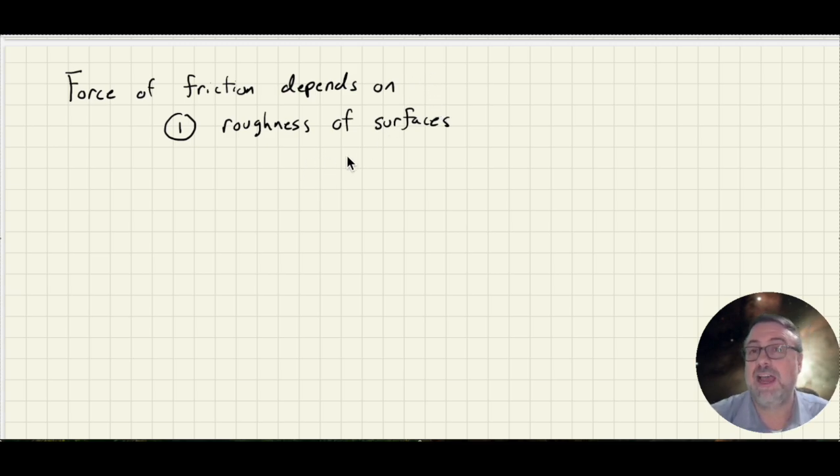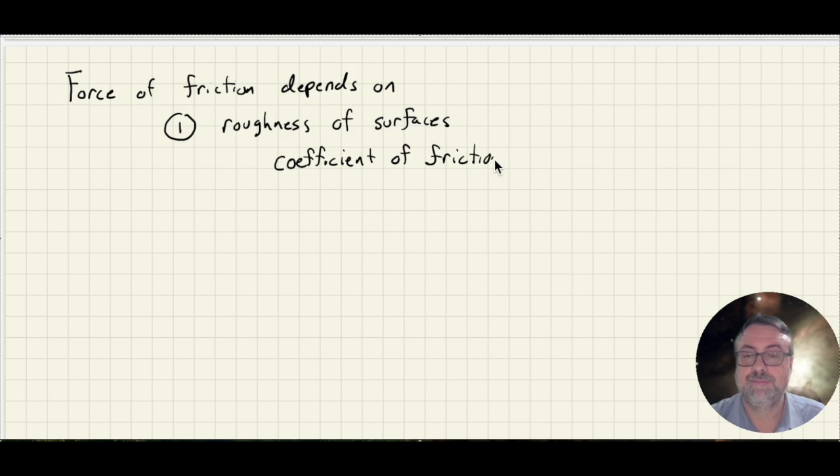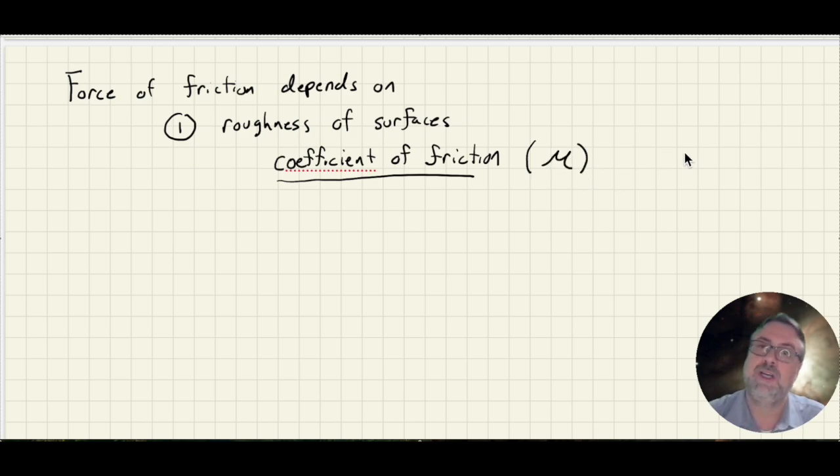This is described by a parameter known as the coefficient of friction, given by this funny looking m, which is the Greek letter mu.